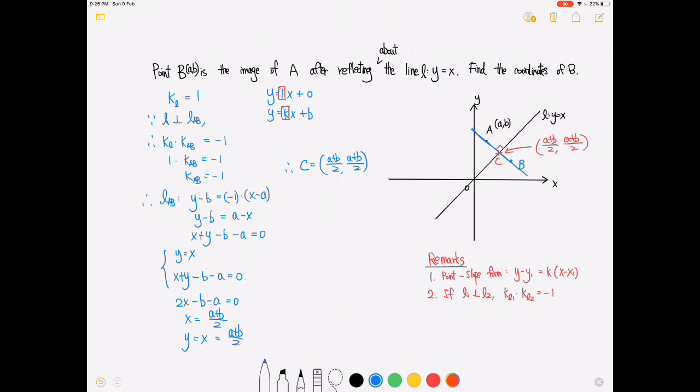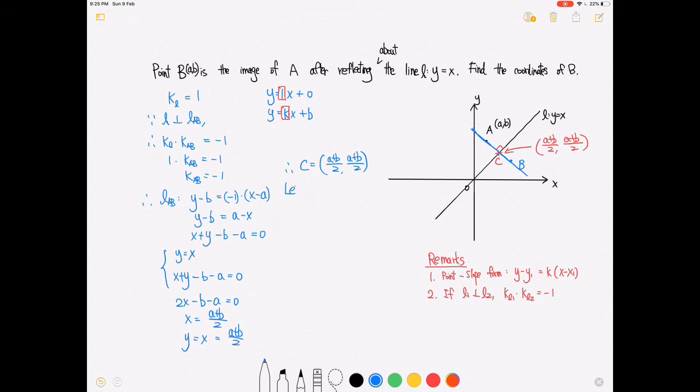You may think, so what? What is the purpose of finding the coordinates of C? We know C is the midpoint of A and B, right? Then we can find out the coordinates of B.